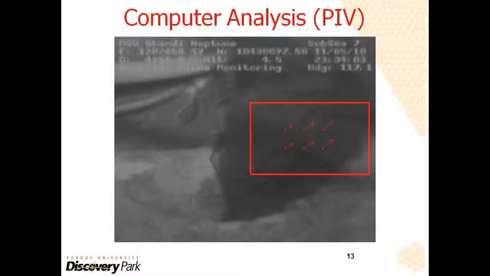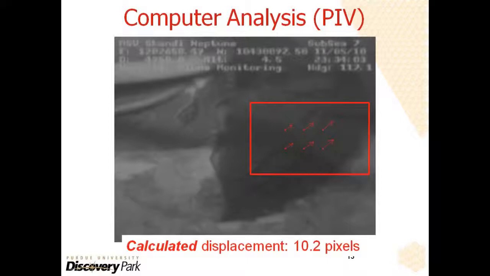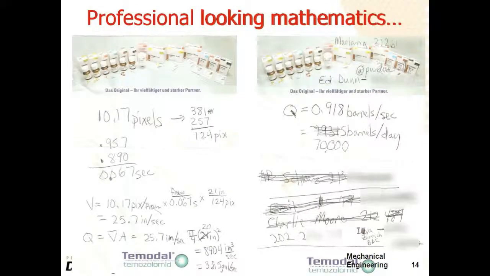I happened to calculate that the displacement was 10.2 pixels. Once you know that, then it's very simple, and I've put my high-tech math up here. These are the actual pages that I drew up when I was working on this, because I didn't anticipate that this would be any big deal. This was a pharmaceutical sticky pad, and I was just sketching this up.